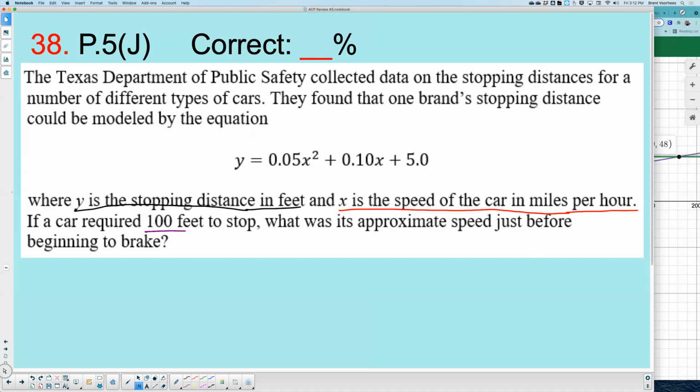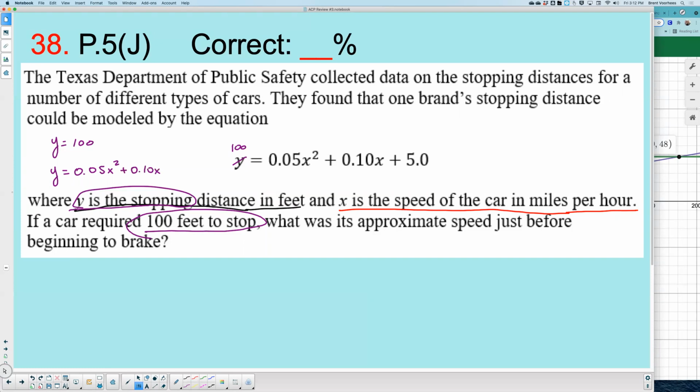Okay, so if it's a stopping distance, we're looking at a y value. So y is 100. What is the approximate speed just before the beginning of the brake? So I can solve this. Again, anytime you have a formula with values, you can plug these in and solve, just separating them at the equal sign.